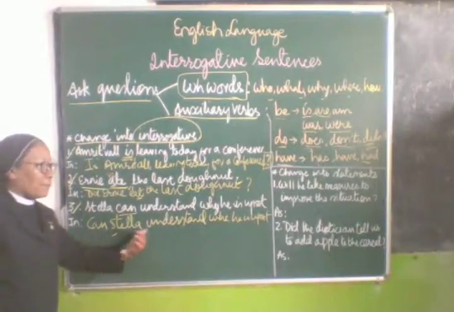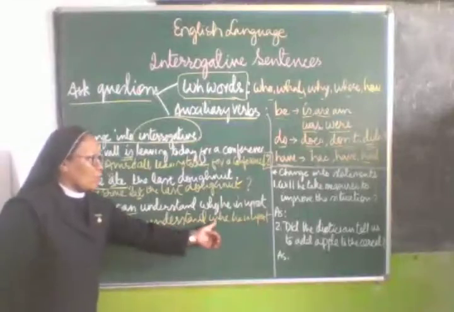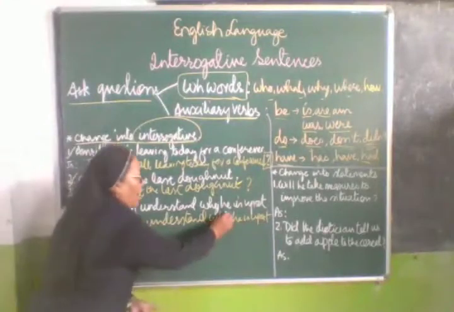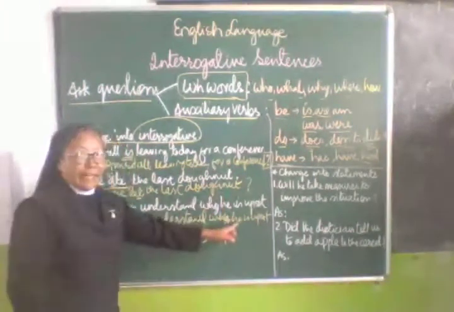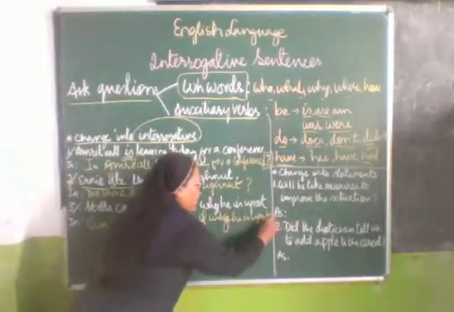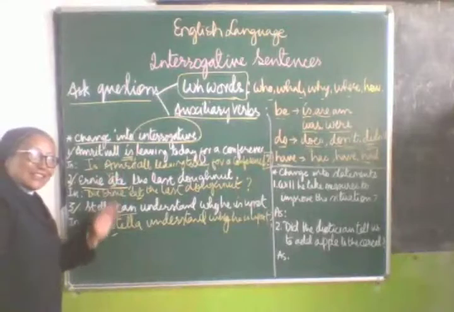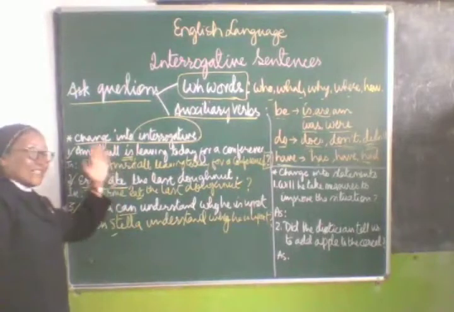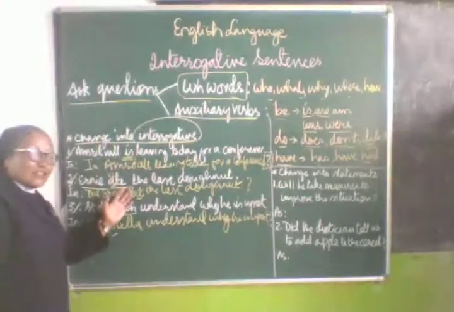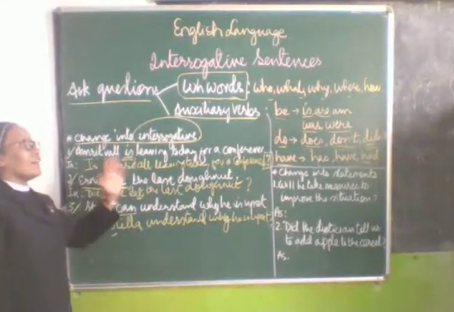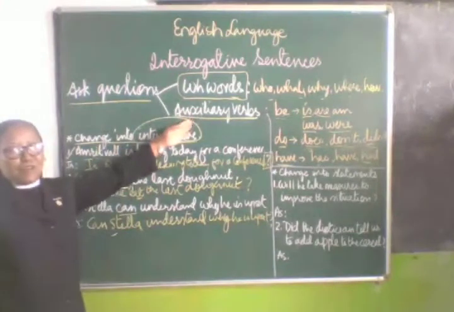Can Stella understand why he is upset? Okay, so I hope you understood how to change assertive sentences into questions with the auxiliary verb.